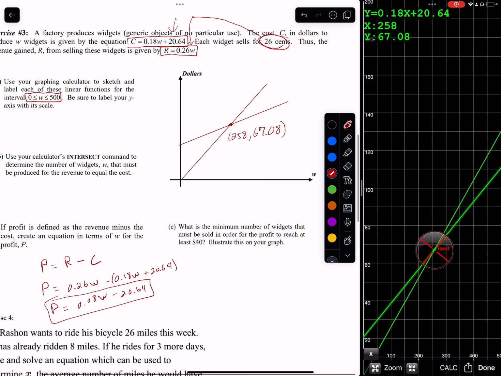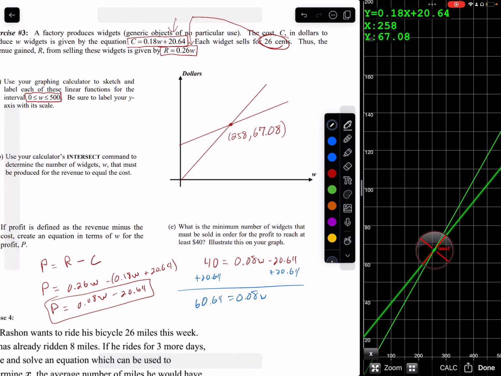Okay, what is the minimum number of widgets that must be sold in order for the profit to reach at least $40? So now you're going to say, I want to make $40. You've got this combined equation right here, and then you just have to solve for it. If I add 20.64 to both sides, I get 60.64 is equal to 0.08W, and then divide by 0.08 on both sides.